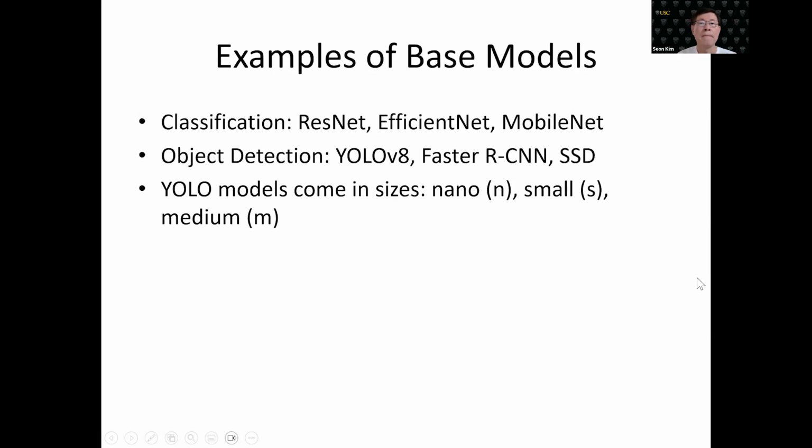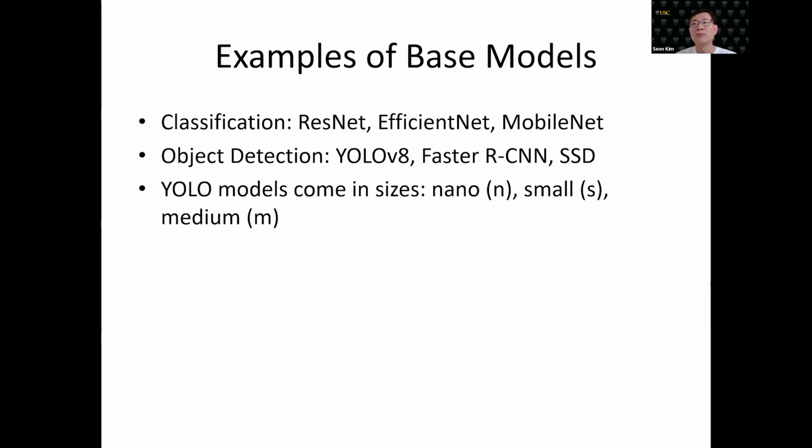Okay. So there are many base models, and YOLO is not the only one. Depending on the type of machine learning, for example, for image classification there is ResNet and EfficientNet. For object detection, YOLO is quite popular, and there are others, for example RCNN and Fast RCNN.